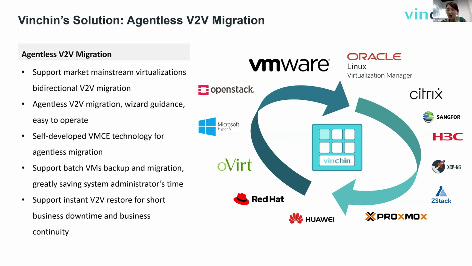Second is our streamlined operation process, in which V2V migration is based on the backup and recovery process. The process is simple and easy to understand. Just follow our intuitive wizard guidance, back up the virtual machines on the original platform and restore them to the target platform, just like performing a normal backup and restore job.